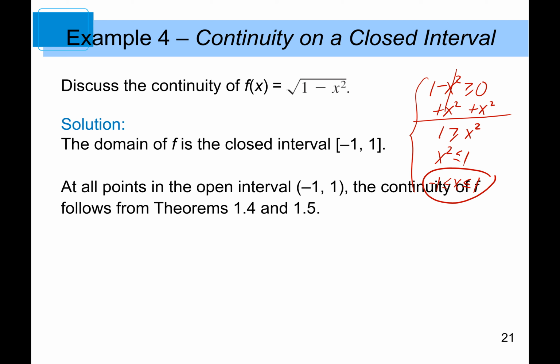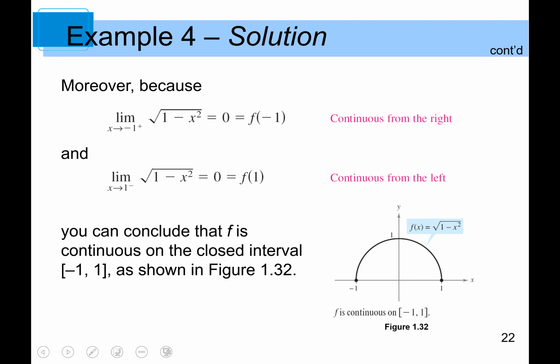And for all the points in the open interval -1 to 1, the continuity of f follows from the theorems. Let's calculate the limit when x approaches -1 from the right-hand side for the function square root of 1 minus x squared. So replace x with -1.